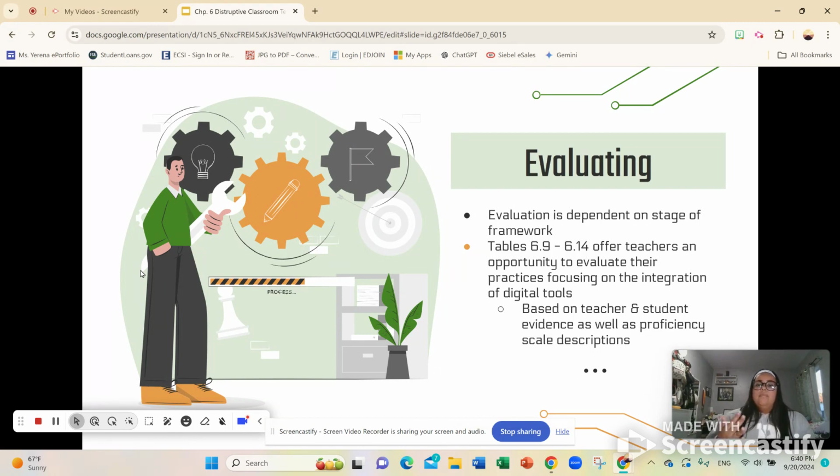So in tables 6.9 to 6.14, found on pages 102 to 108, there are tables with guiding prompts that offer teachers an opportunity to evaluate their practices, focusing on the integration of the digital tools. So again, dependent on the stage that you want to analyze is the table that you're going to be looking at.